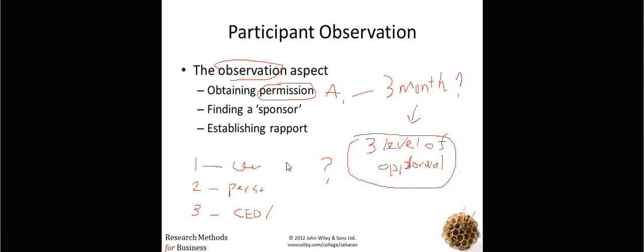Ataupun CFO so on. So they have 3 level. So this 3 level also take a lot of time for them to say yes before we go for the observation. Even though observation seems easy, to get the approval is not easy. It depends on the company where you want to go.